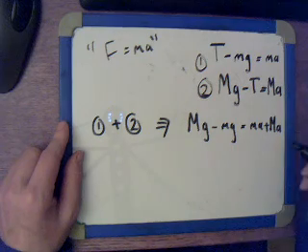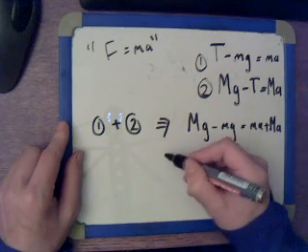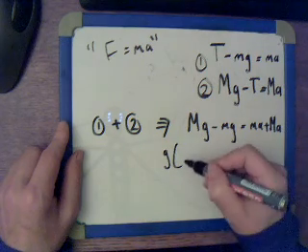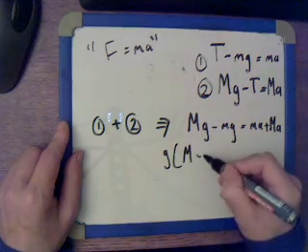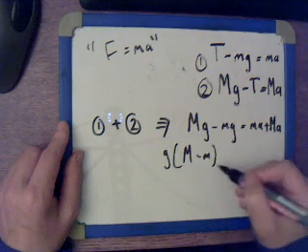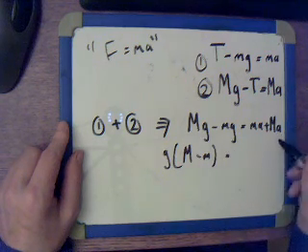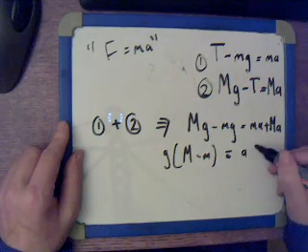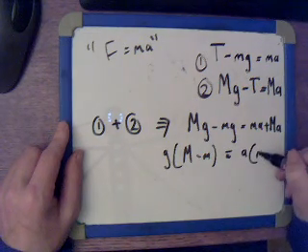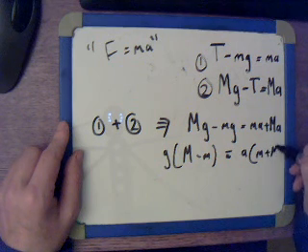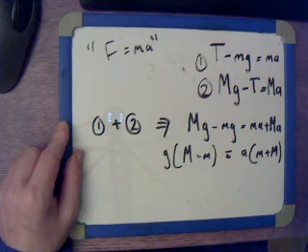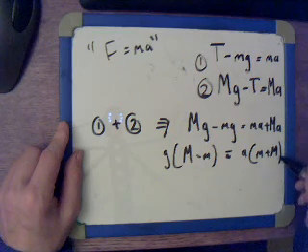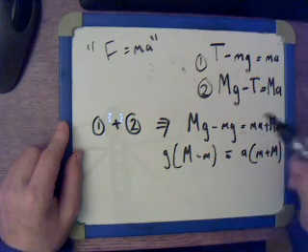So that can be simply g bracket M minus m equals, and let's factorize this, a bracket M plus m.